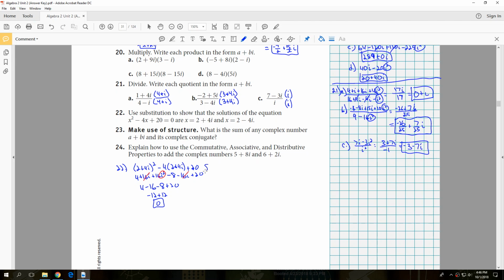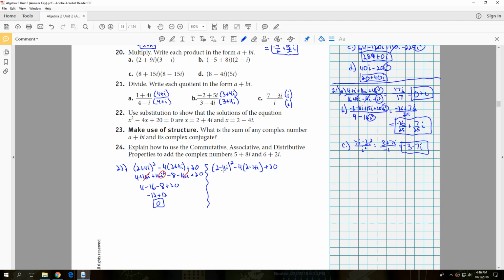All right, now let's do the other one here. I'm going to substitute 2 minus 4i to show that it is also a solution. So do the exact same thing. This is 2 minus 4i squared, and then plugging in the x here, minus 4 times 2 minus 4i, and then plus 20.